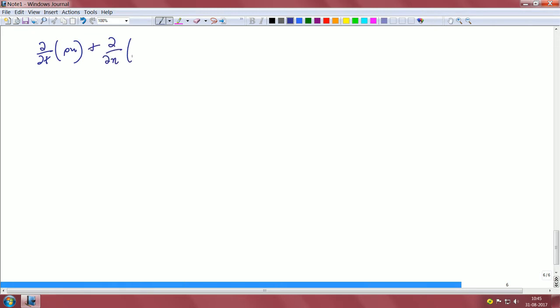Once again I am doing it in 2D, 3D is no big deal, you just have to do a little bit more algebra than what is required. Rho u v is equal to Fx plus d tau y x by dy minus d sigma x by dx. That is what you get.